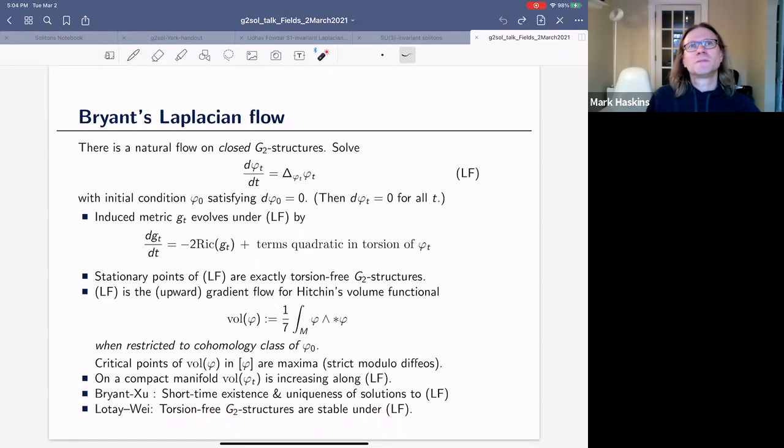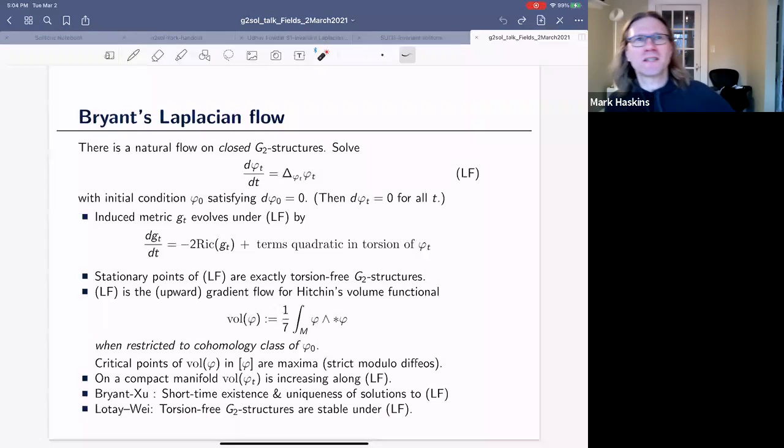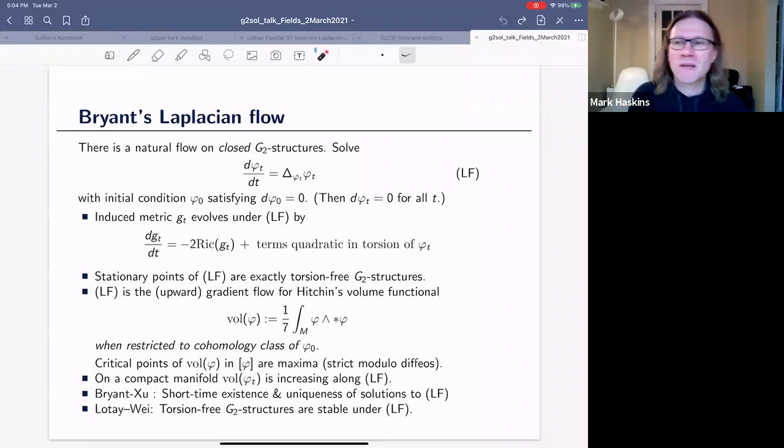Although the proof is not completely self-contained in the sense that you somehow need to use some elliptic perturbation theory in order to prove that. So from a purely parabolic point of view, it's not very satisfactory.